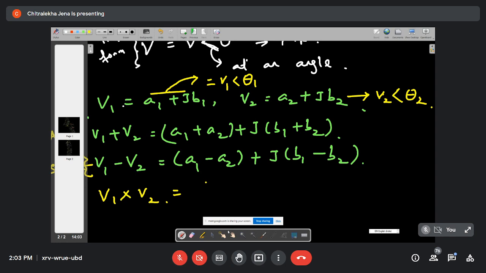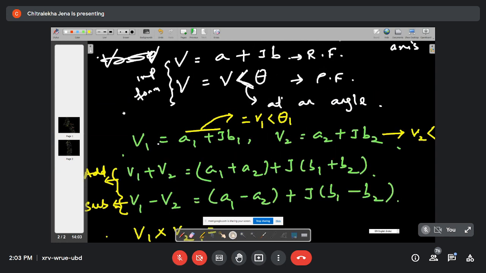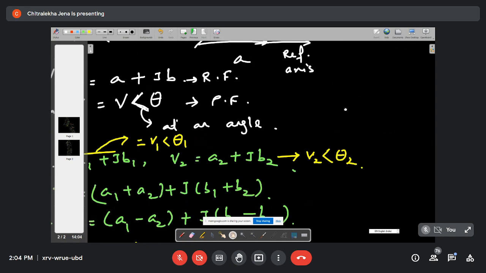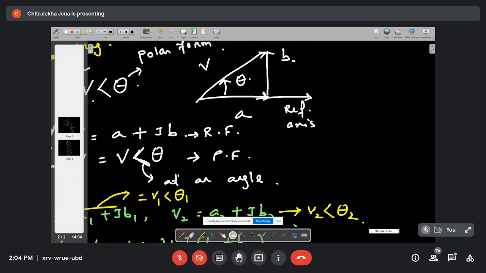Can you convert from one form to another? Can you convert V equal to A plus jB into V at an angle theta? Can you find theta?